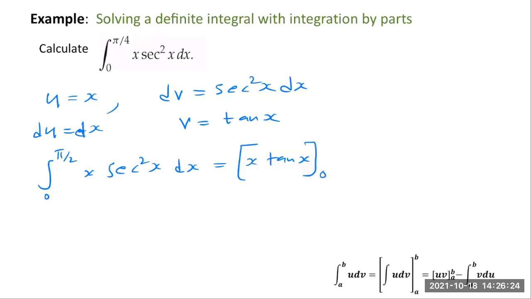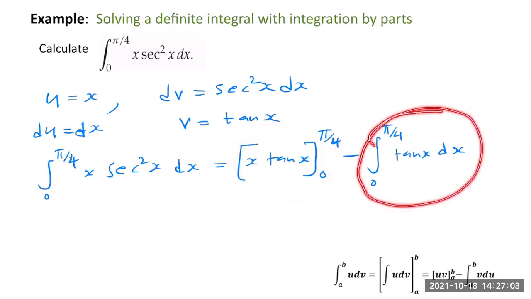This is the uv product. You put the limit, that is 0 to pi over 4, minus the integration 0 to pi over 4 of v du. My v is tan x. My du is dx. Okay, that's what I get if I plug that in. Of course, now you can find this piece easily by plugging in the upper limit and lower limit.